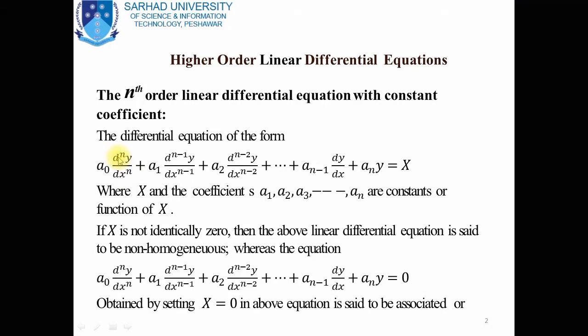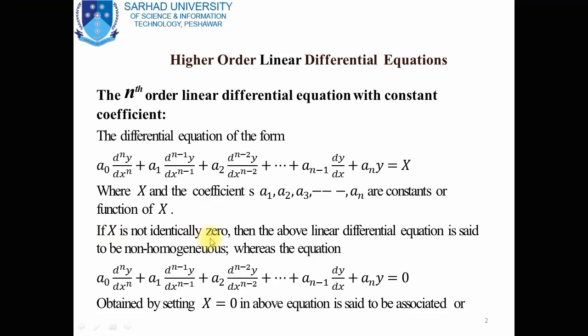This term means the nth derivative of the function y with respect to x, plus a1 d^(n-1) y divided by dx^(n-1), plus a2 d^(n-2) y divided by dx^(n-2), plus and so on, plus a(n-1) dy by dx, plus an y is equal to X, where X and the coefficients a0, a1, a2 up to an are constants or functions of x.